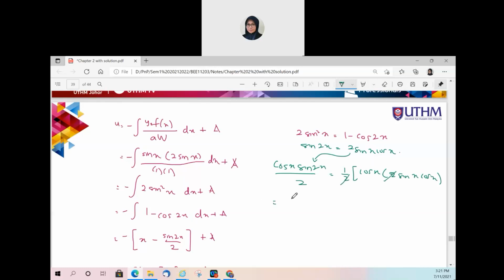Then it will be cos x sin x cos x. Then we multiply this in, then it will be sin x cos cos, so cos to the power 2 x.